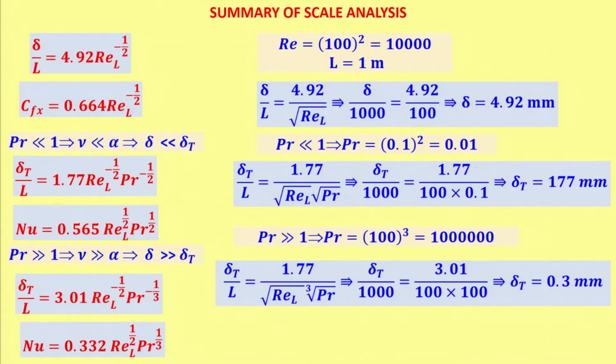This gives us the summary of the scale analysis, and the beauty of the scale analysis is that it is giving the Reynolds number exponents, the powers, minus half, minus 1 by 3. Those powers are going to help us while plotting my experimental results. I can plot Nu by Re to the power of half, PR to the power of 1 by 3.